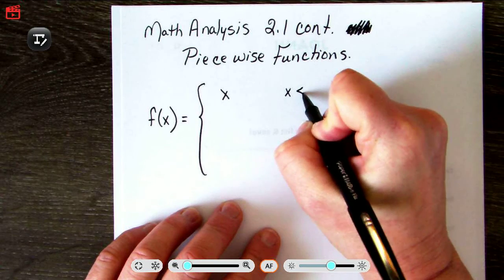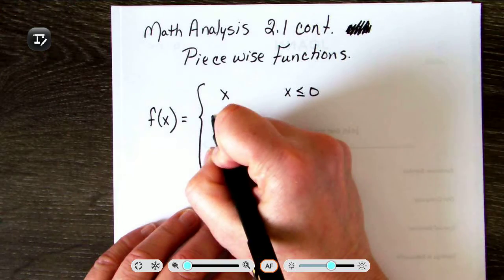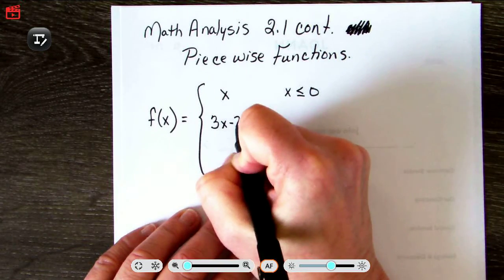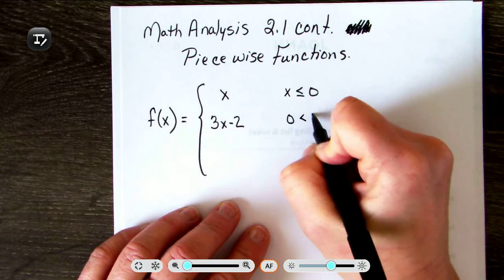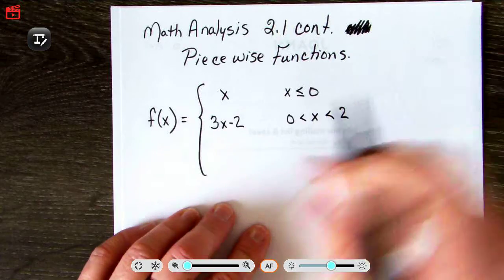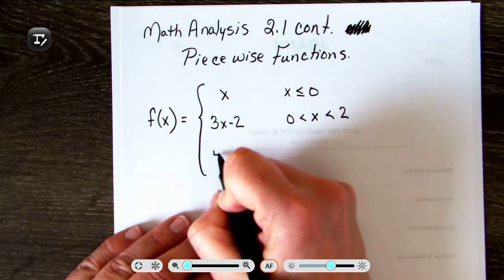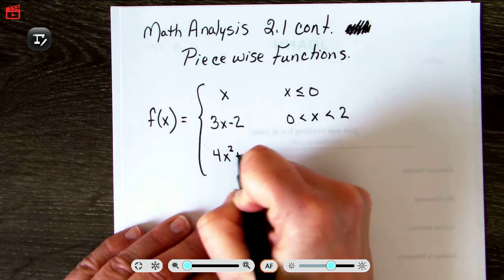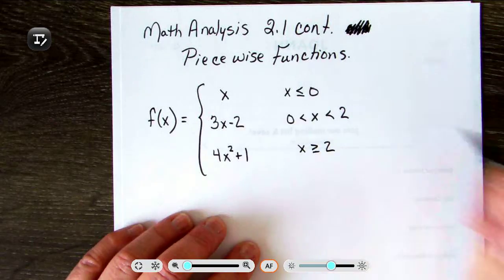So when we use that piece of the function, we're going to take on this value, whatever 3x minus 2 is, if x is between 0 and, let's say, 2. And then we're going to take on this value if we are bigger than or equal to 2.